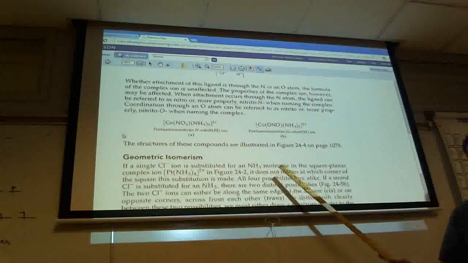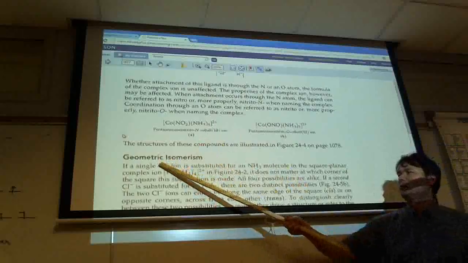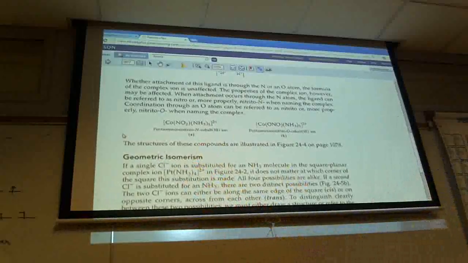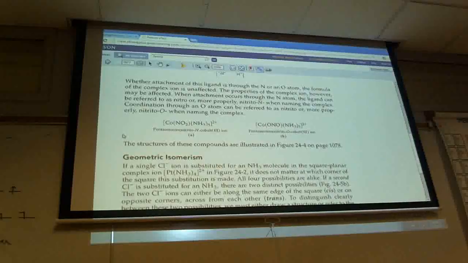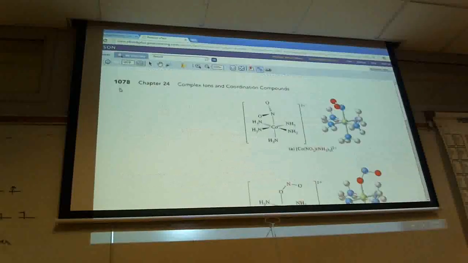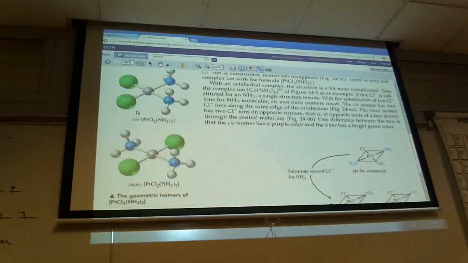There are going to be two types of stereoisomers that we're going to deal with. There are going to be geometric isomers. And so let's take a look. There are four types of geometric isomers. Two of them are shown here.